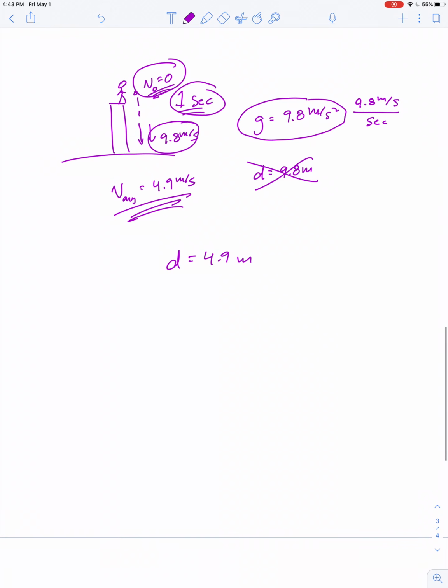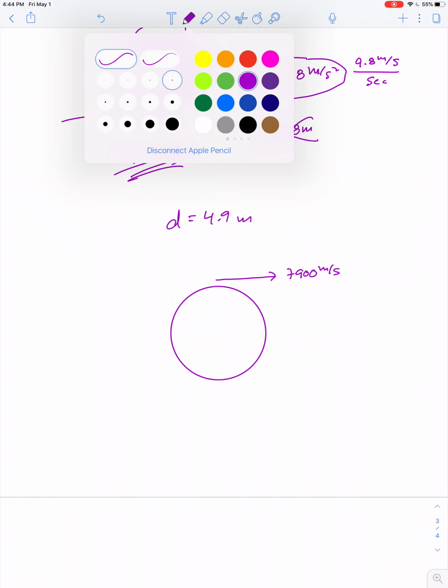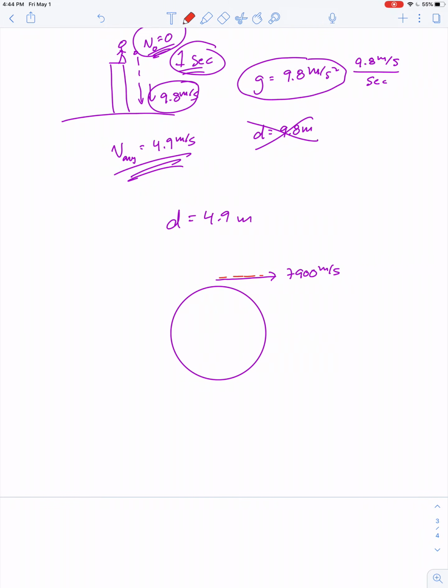If an object wants to fall 4.9 meters in 1 second, and an object that represents a treetop satellite is projected with a speed of 7,900 meters per second horizontally, in 1 second, the object wants to travel horizontally a distance of 7,900 meters. But it would want to fall toward the center of the Earth a distance of 4.9 meters.